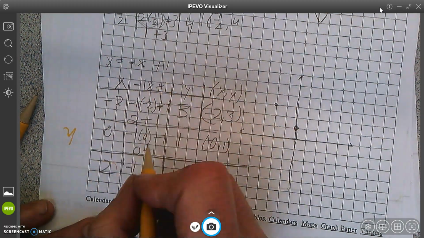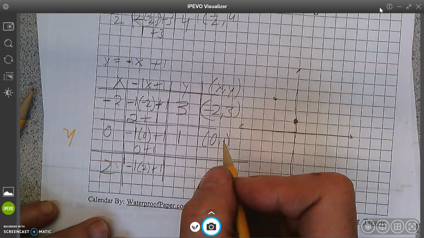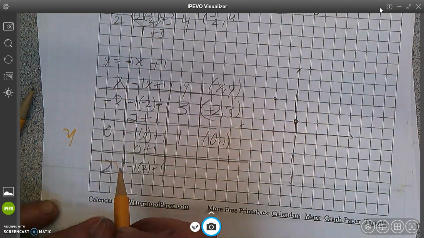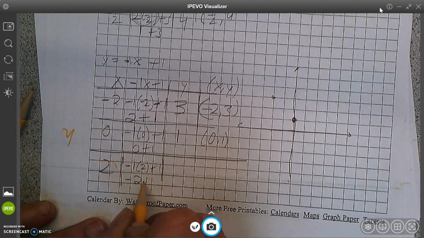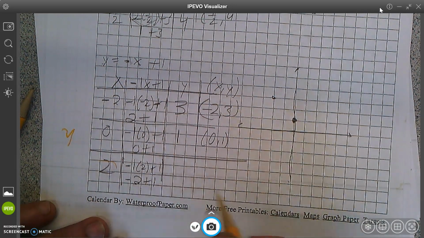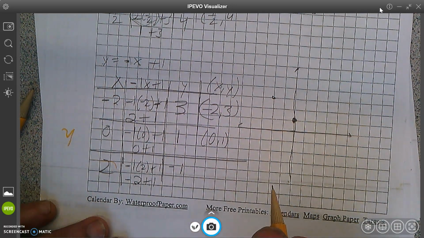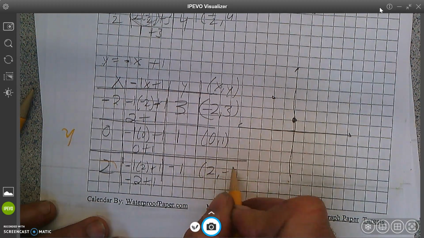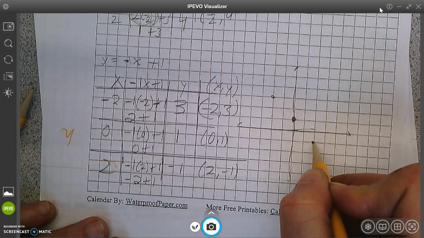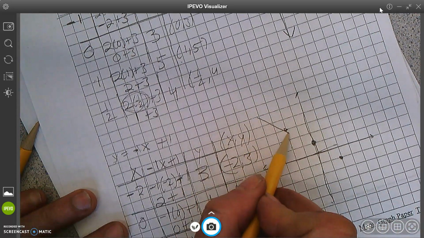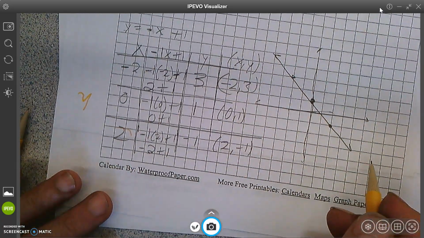Always copy this down. -1 times 2 plus 1. -1 times 2 is -2. -2 plus 1 is -1. Use that number line. So 2 for the x, -1 for the y. It makes a straight line. All those work.